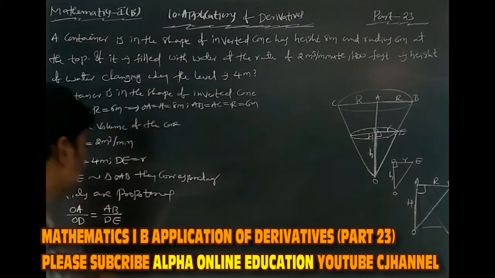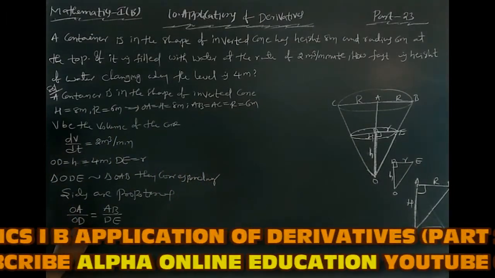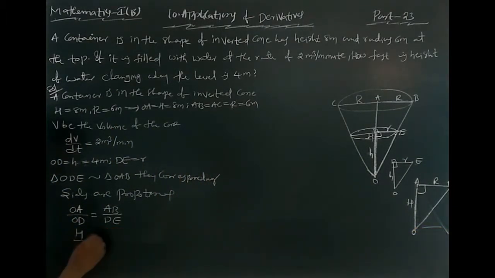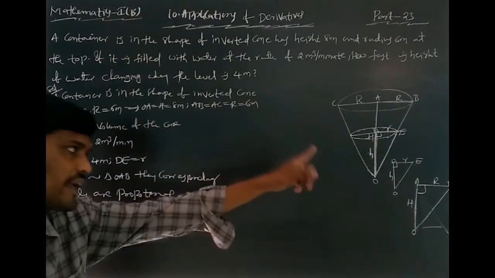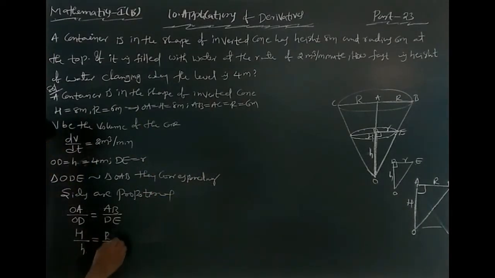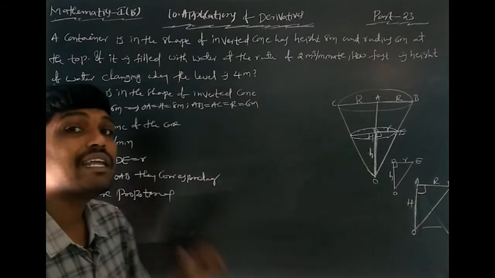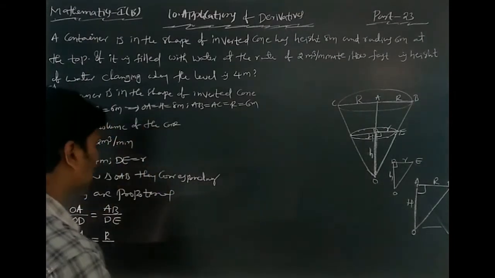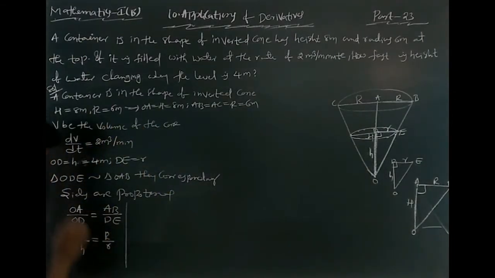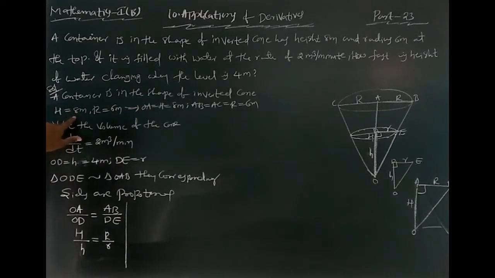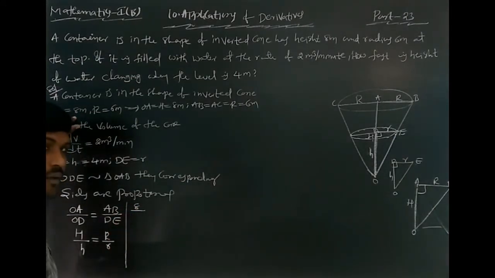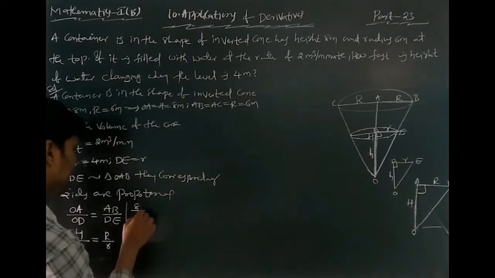We know OA is capital H, OD is small h, AB is capital R, and DE is small r.